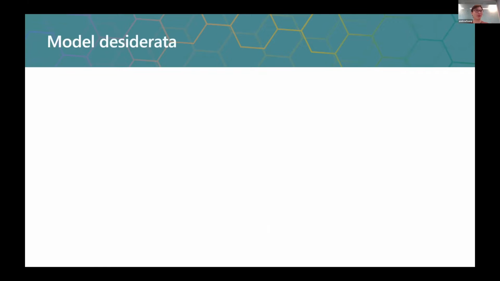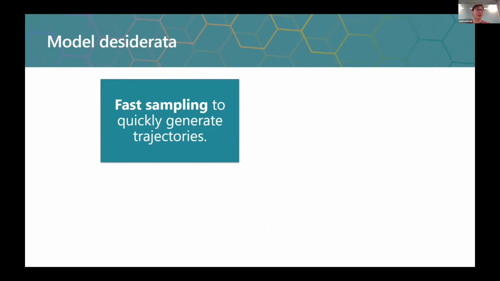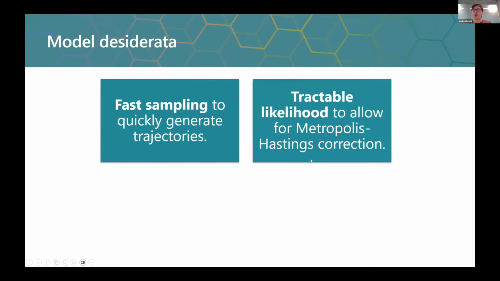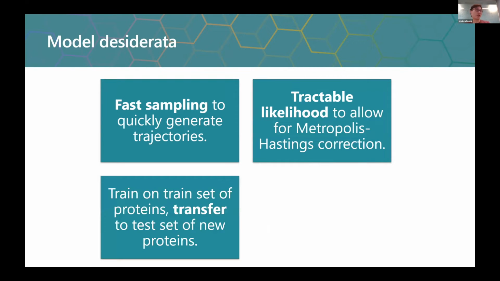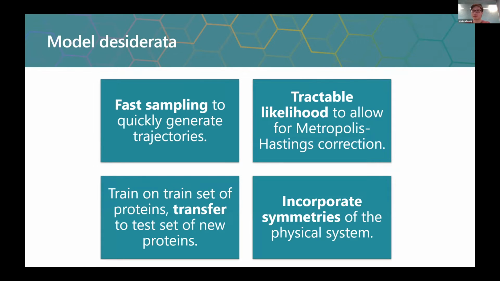Let me list a few desiderata that we want from our model, given the motivations we had earlier. We want fast sampling, so we can quickly generate these trajectories using our model. We want a tractable likelihood so that we can do Metropolis-Hastings corrections. We want it to be transferable: train on a train set and test on a new test set of different proteins.